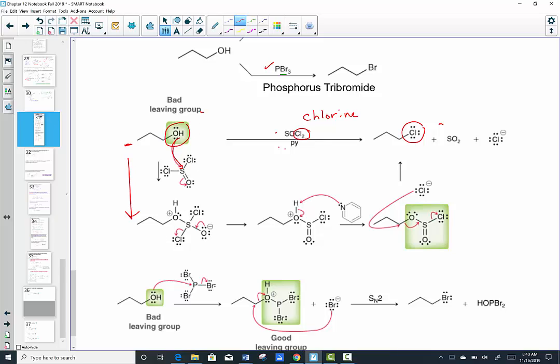So think about this as a poor leaving group eventually converting to a good leaving group, which gets up and leaves. Through the process of adding on the SOCl2, we notice that the oxygen develops a +1 formal charge. And so to quickly eliminate that unstable configuration, you'll see that the pyridine, this is the solvent right here, is going to deprotonate that oxygen.